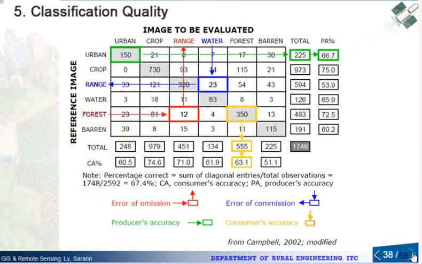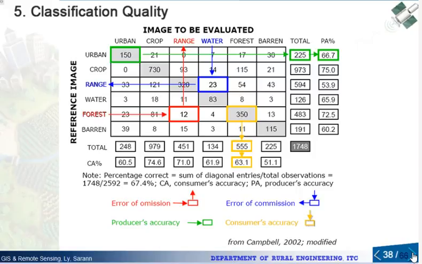So here you see an example of the confusion matrix to evaluate the classification quality. The red color is the error of omission.